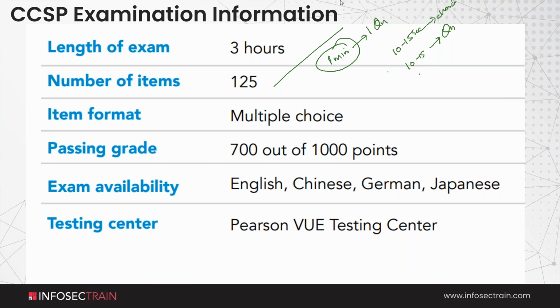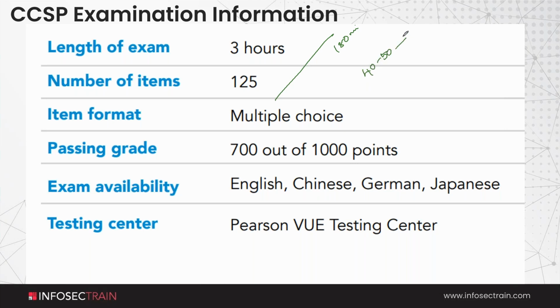What I'm trying to tell you is that when you go for the examination, out of the 180 minutes, 3 hours you have, I would prefer you write the first 40 to 50 questions. That means on average around 50 minutes you're taking, right? Then take a break for 5 minutes.